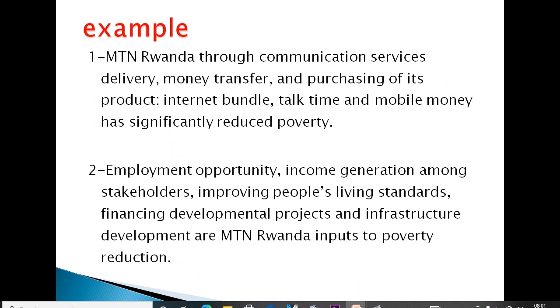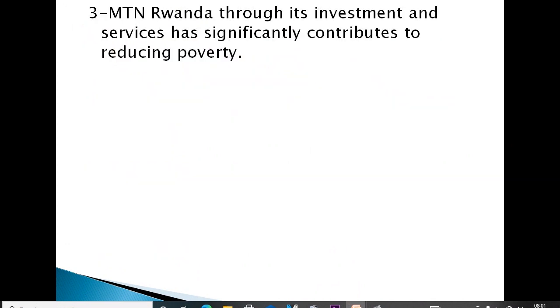Number 2, which corresponded to the second research question which was formulated, is the following. Employment opportunity, income generation among stakeholders, improving people's living standards, financing developmental projects, and infrastructure development are MTN Rwanda's input to poverty reduction.